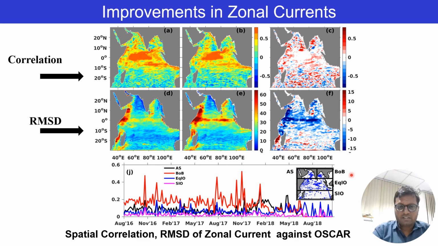To inspect the reason for this, we have plotted the observation density over the four regions as shown in this figure. Compared to the other three regions, that is Arabian Sea, Bay of Bengal, and Equatorial Indian Ocean, the South Indian Ocean is least observed and has a smaller number of in situ temperature and salinity profiles.